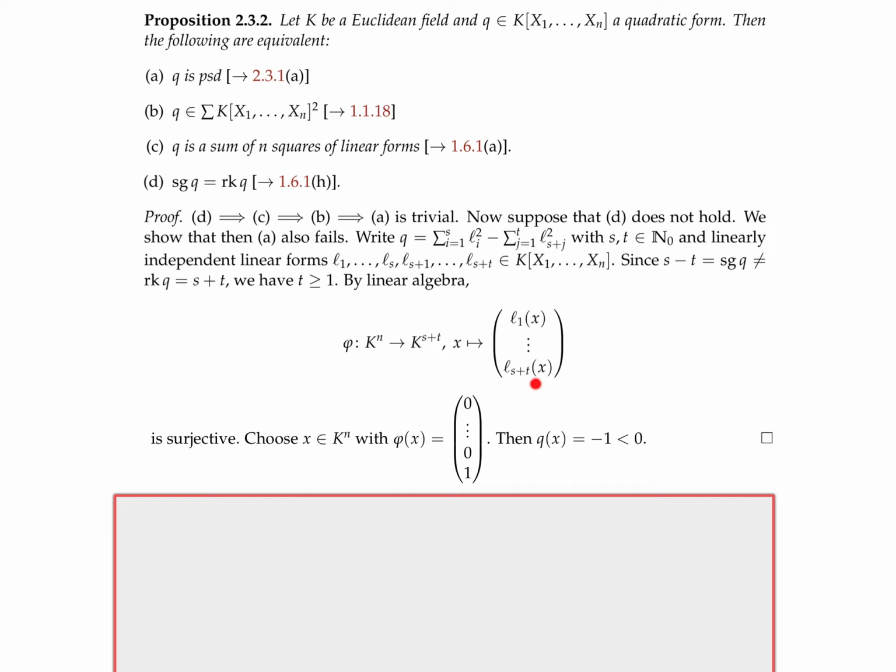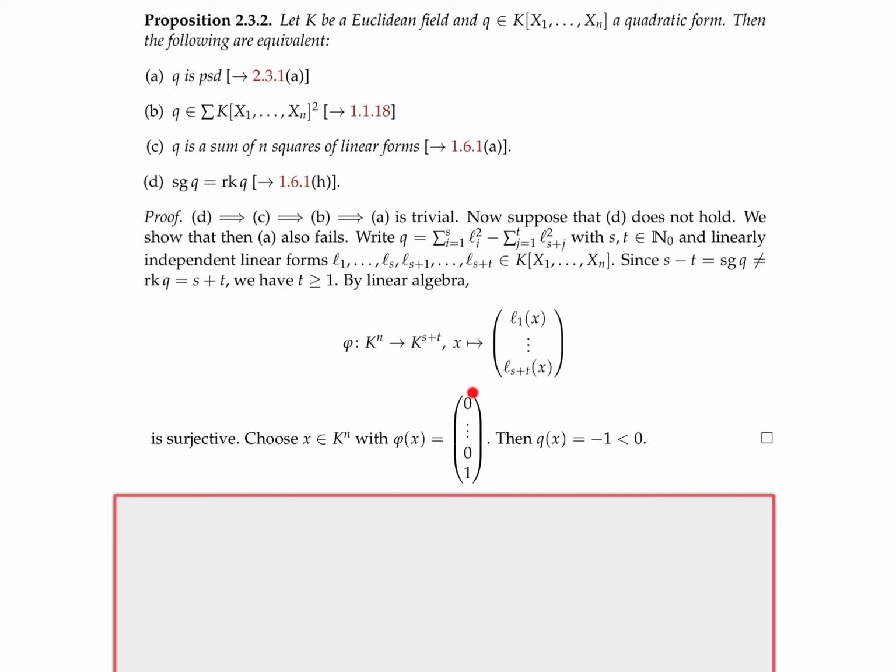So this matrix has rank s plus t, but that's also the dimension of the image of this map, because that's also the dimension of the column space of this representing matrix. So it's surjective, right?